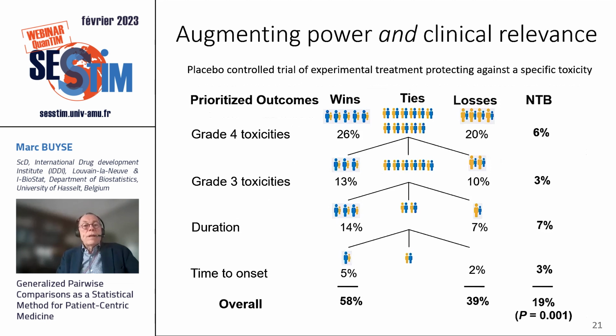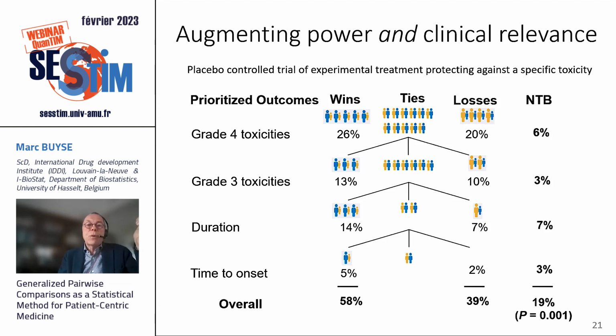So in any case, here is an example that is kind of made up. The numbers are made up, but it's quite close to the actual situation. And we look at prioritized outcomes here. Instead of looking just at the incidence of grade 3, 4, we look first at how many patients had grade 4. And so we do the pairwise comparisons on grade 4 toxicity, yes or no. In that case, we can determine the number of wins and the number of losses.